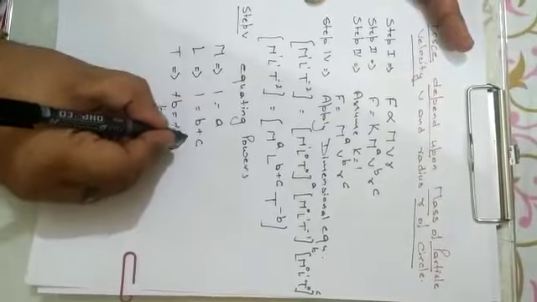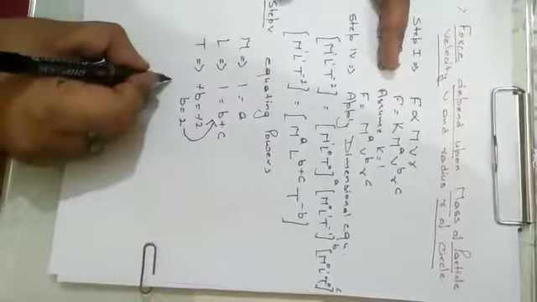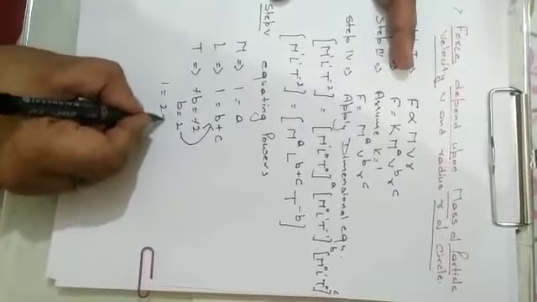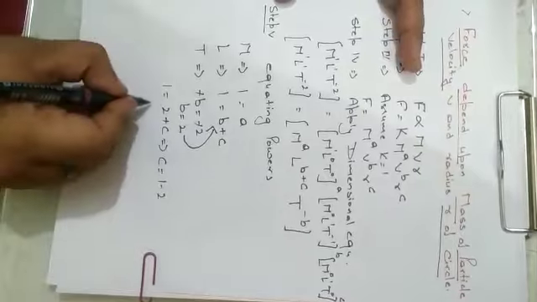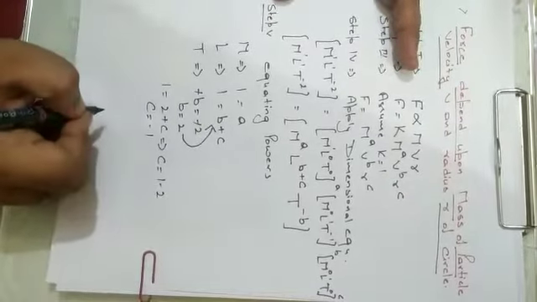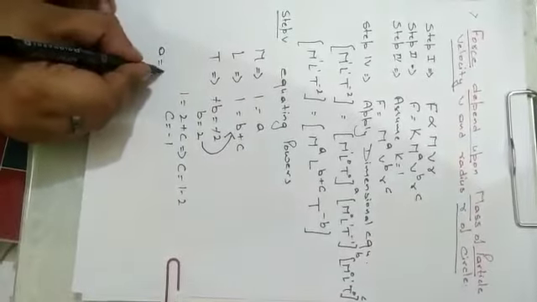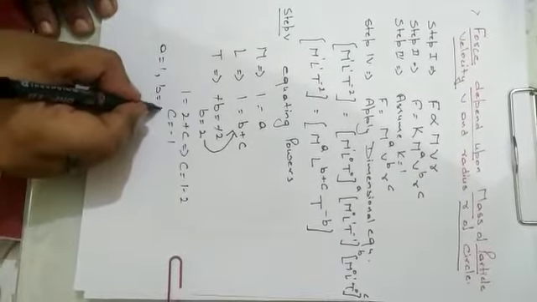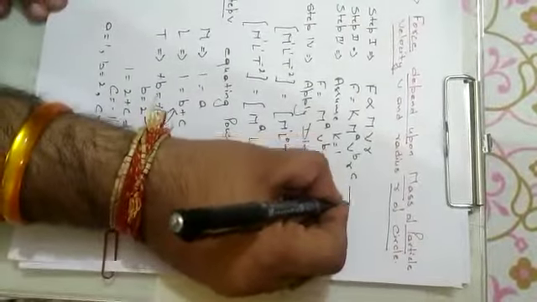Now substitute this value in the equation. We will get 1 is equal to 2 plus c. So c is 1 minus 2, or c is equal to minus 1. So after solving, we have a as 1, b as 2, and c as minus 1. Now substitute this value in step 2.